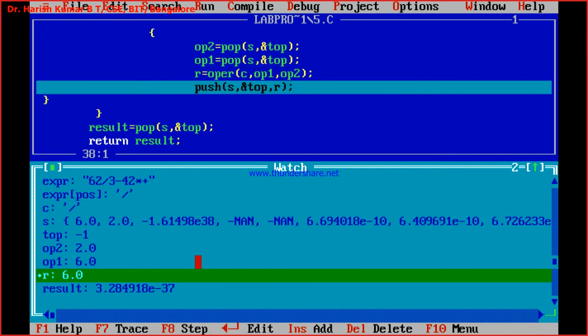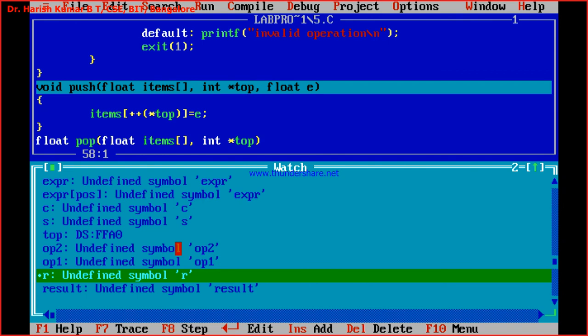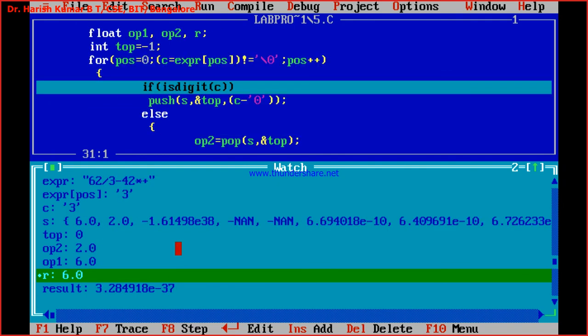So result is... it was wrong. How can it be 6? 6 by 2. So 6 is pushed. Sorry, I don't know what key I am pressing instead of F7.